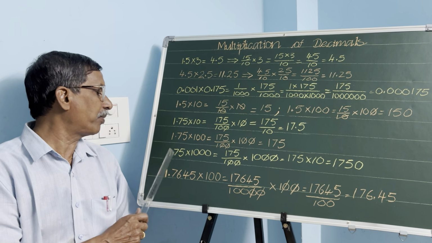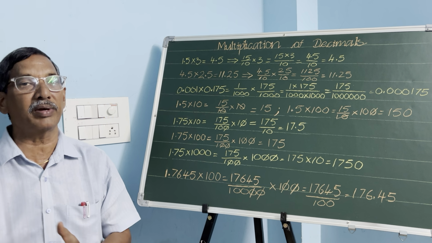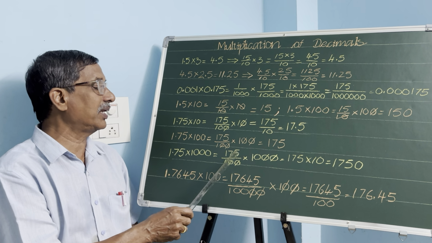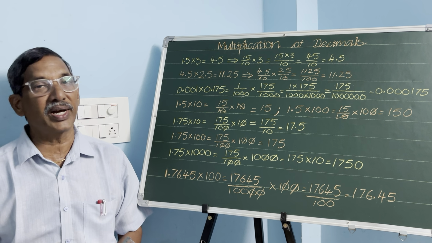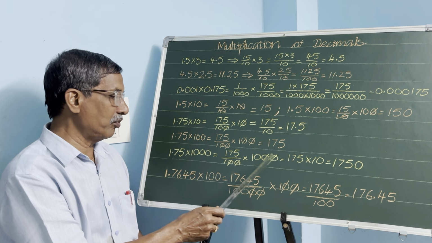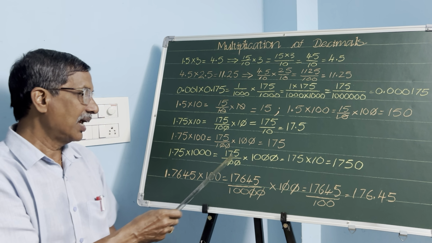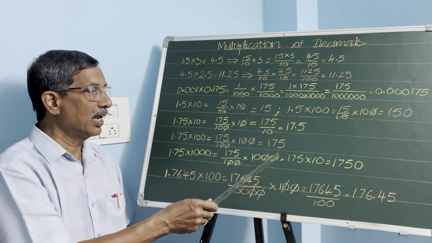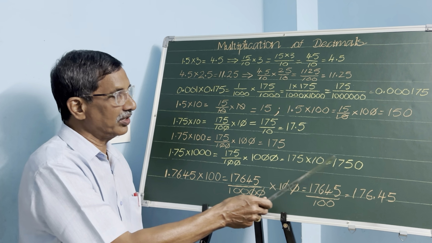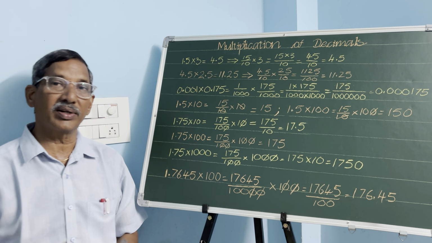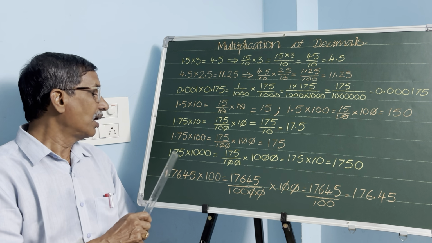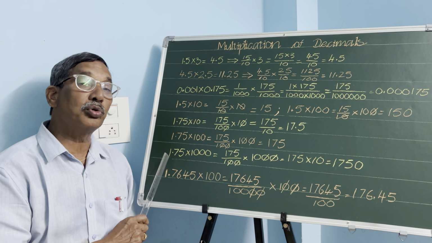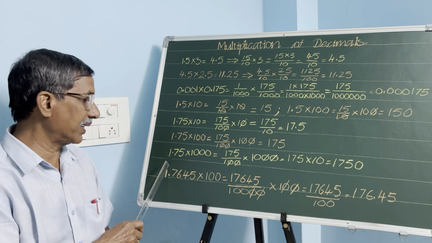Coming to the next one, 1.75 multiplied by 1000. So 1.75 can be written as 175 on 100 multiplied by 1000, which cancels hundreds and 10 remains here. 175 into 10, we will get 1750. See the rule here, there are 3 zeros in the multiplier but there are 2 decimal places in the multiplicand.